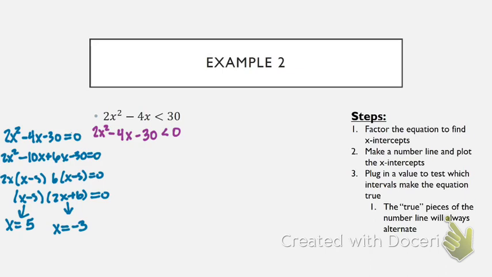Okay, so after you factor, you get x equals 5 and x equals -3. So -3 and 5. And then again, we need to choose a number to plug in to see what part of this interval is true. I like plugging in 0.